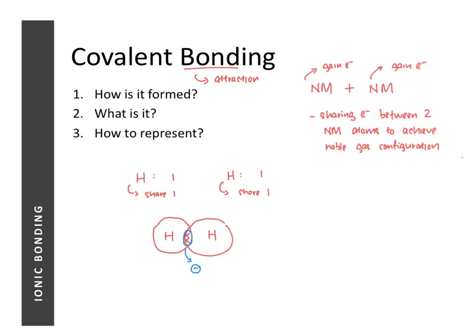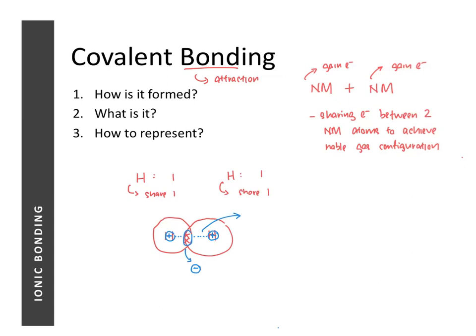Hydrogen atoms contain protons in the nucleus. So there's actually some form of attraction between the protons in the nucleus and the shared pair of electrons.